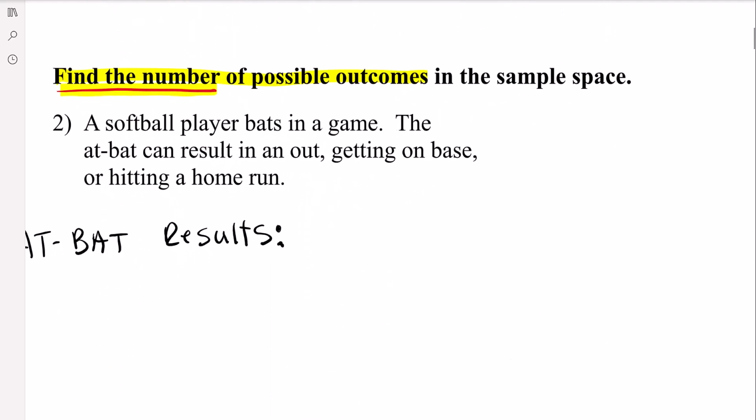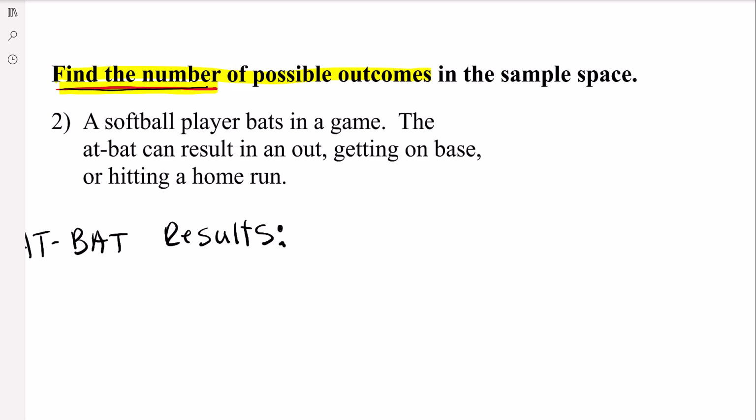All right. Now you're going to create a sample space of the possible outcomes. This is a good one to talk to kids about baseball. When you go up to bat, there are only 3 possibilities, other than a natural disaster or injury, I guess.